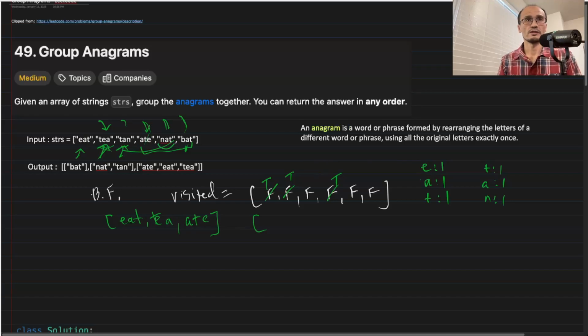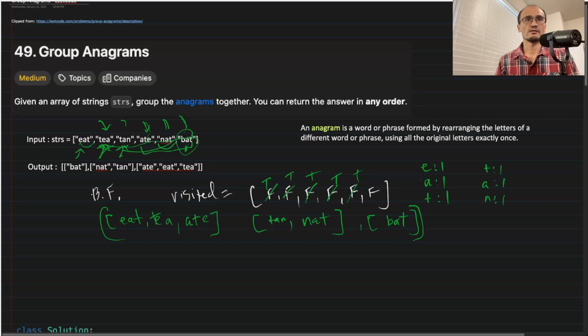Then we go to the next one, nat. Then we add nat, and that's it, right? Then we mark these as true because we have visited and processed them. And the last element is not processed, so we process that and add it to a new list, right? Bat. And at the very end, we add them all to the list to return. So basically for each element, we are processing every subsequent element.